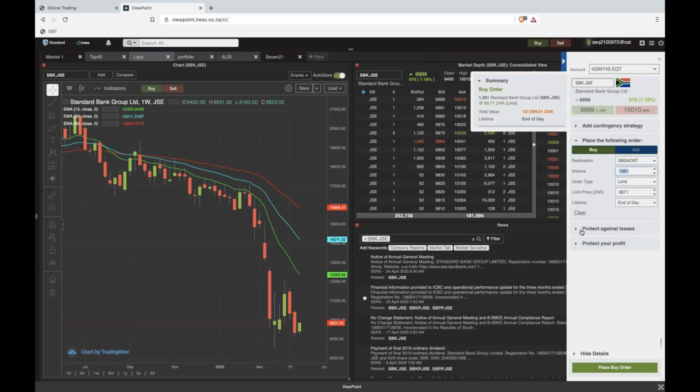Ignore some of the stuff which you're not seeing, I've got a test, a beta version here. I can now manually change the order. I can say, actually, I only wanted 400 shares, and the price I wanted to pay was 800. Then I pick the particular account that I want to trade in, and I can submit the order via Iris as well. So I can bang it through via Iris.